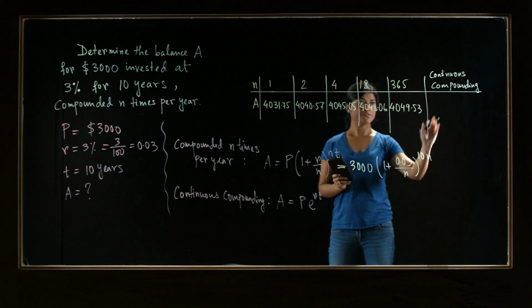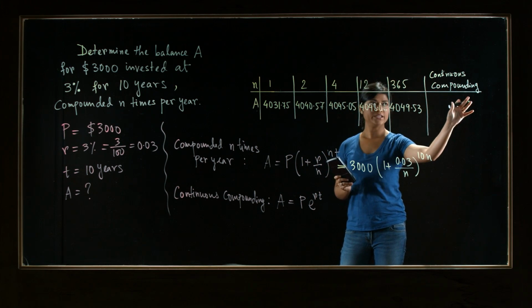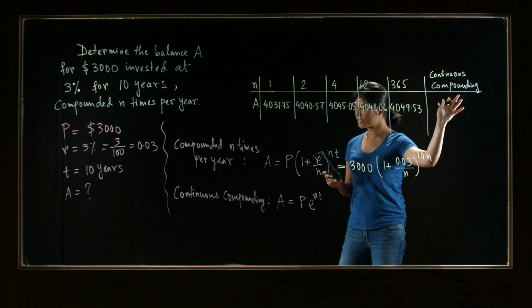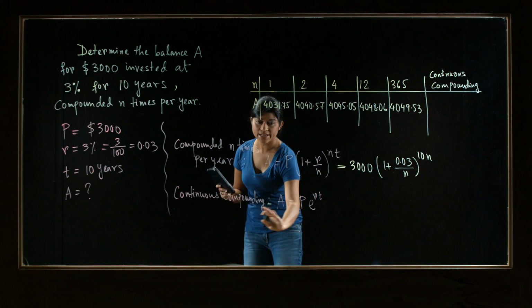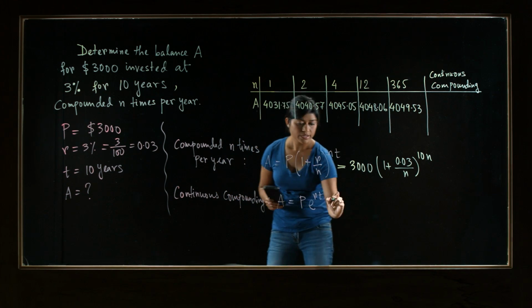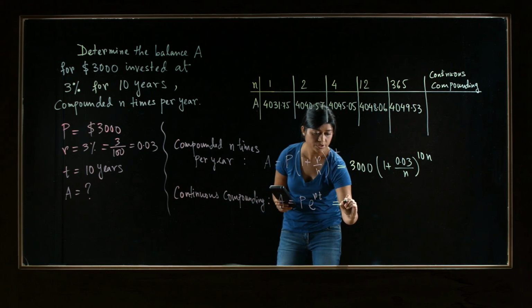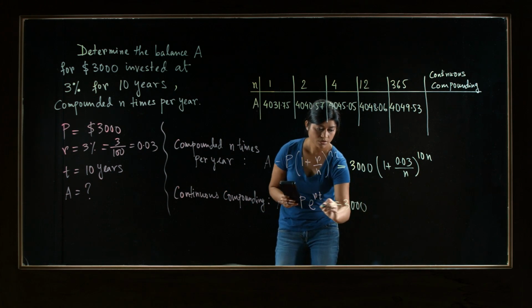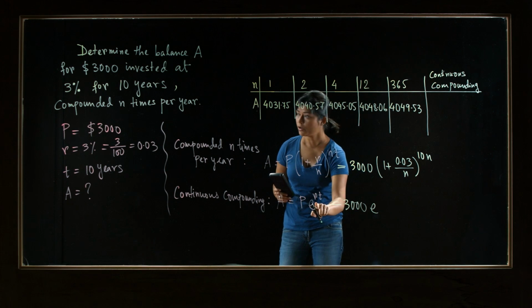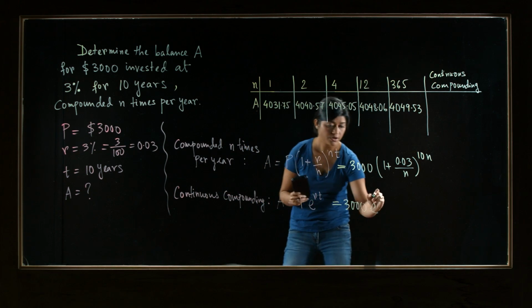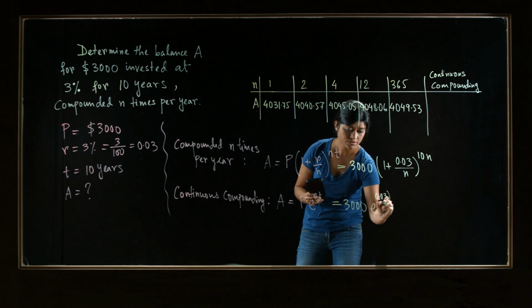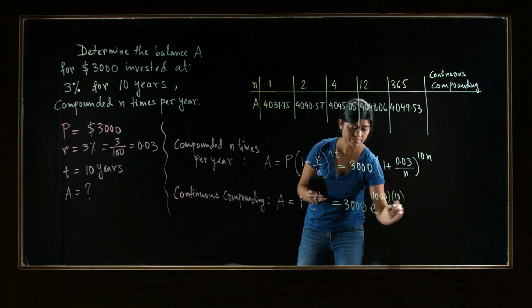All right. Now for the last A value, we want continuous compounding. So we have to come back to our next formula here. And in this case, you plug in P equals 3000. And it will be e to the power r times t. R is 0.03 times 10.